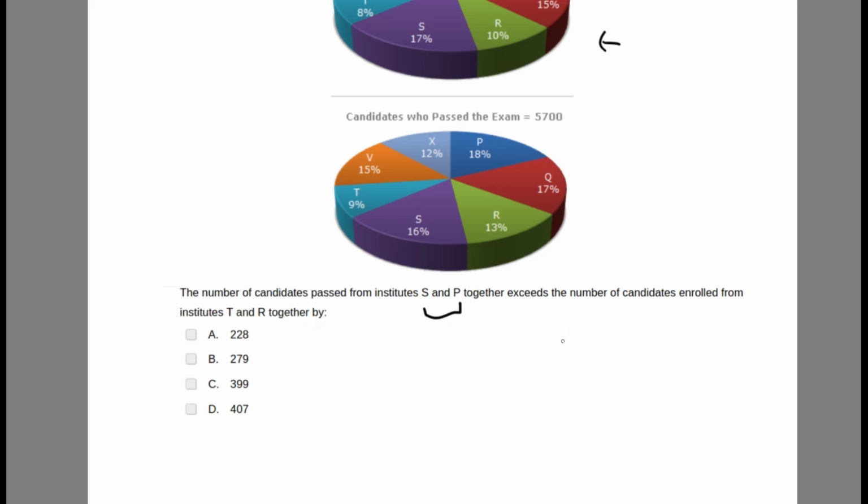For S, it is 5700 into S, which is 16%, plus 5700 into P, that is 18%.